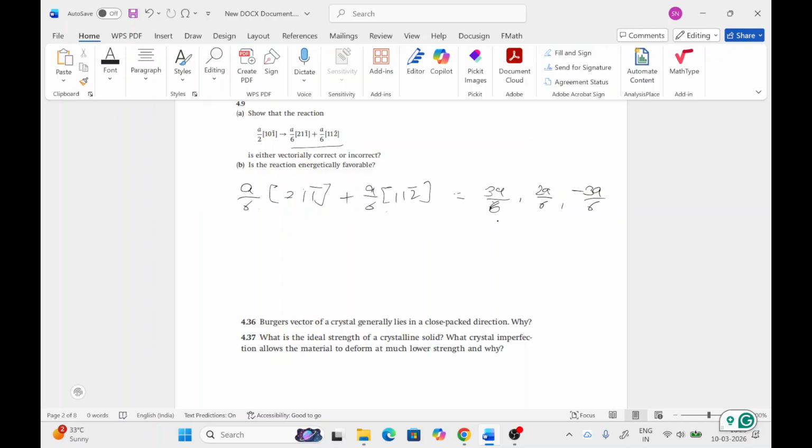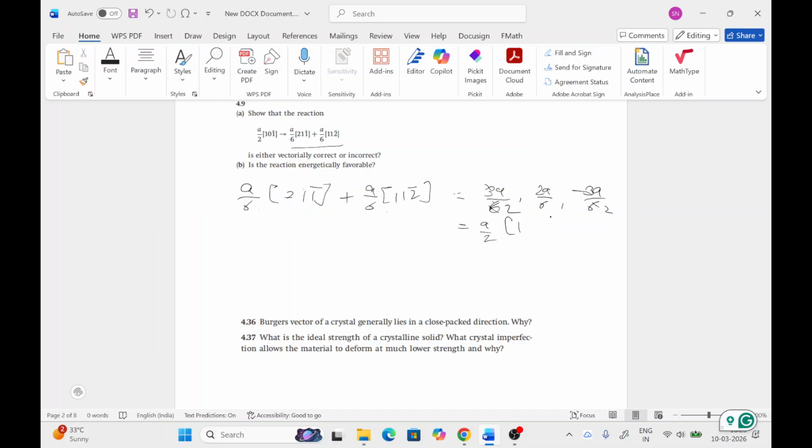So we can take 3 by 6 common, which will be 1 by 2. So this will be a by 2, 1.